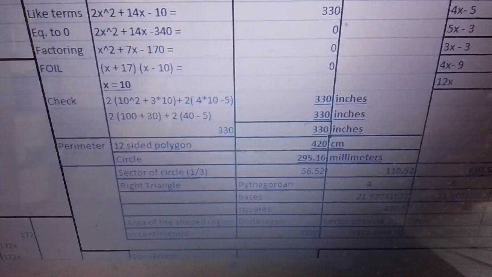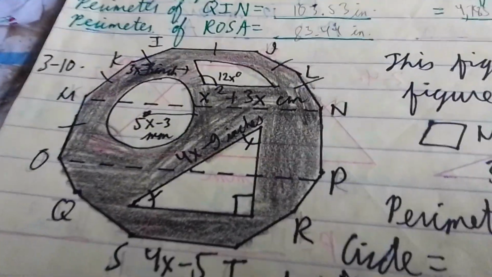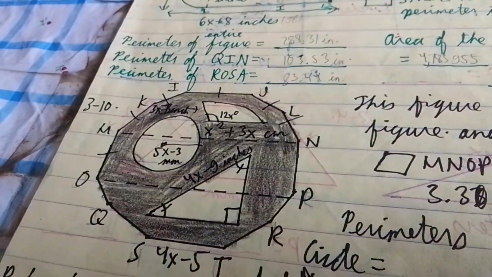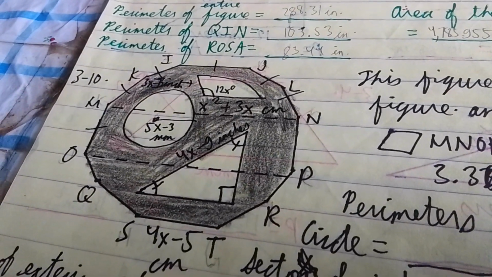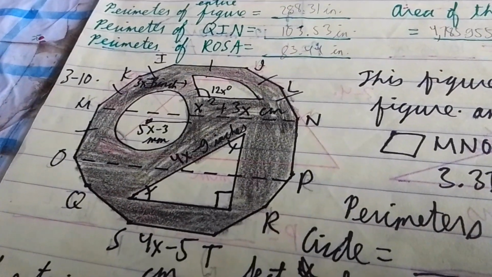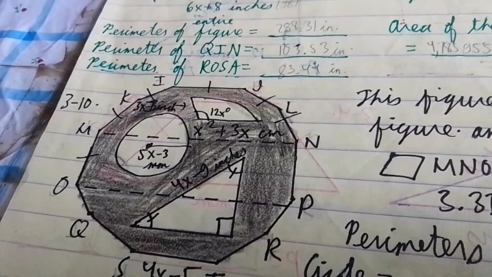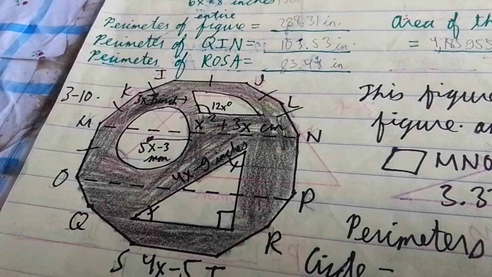The value of x is 10. But don't forget, remember you still have x in all the other measures, like 12x, 4x minus 9, and 5x minus 3. So we need to input 10 for all of these and see which answer we get.